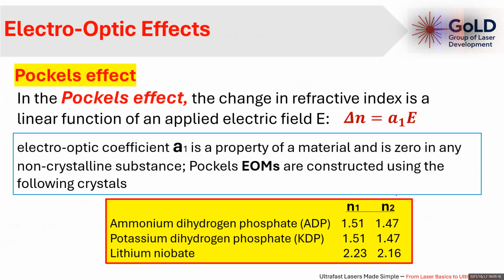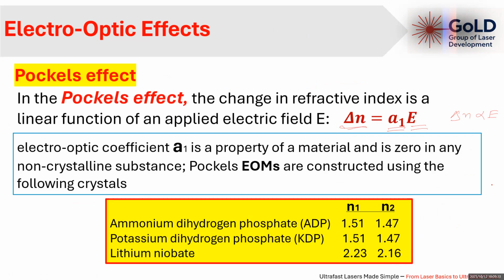This relation is key to understand, that is the change in refractive index. This is a constant of the material and this is the electric field. So it means you can say it's directly proportional to the electric field.